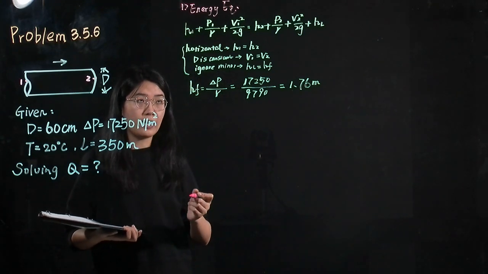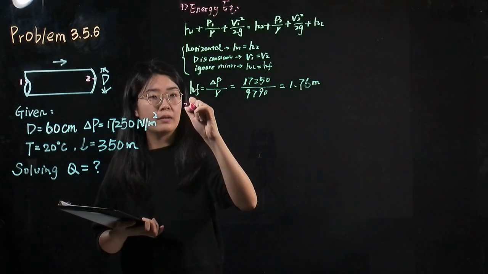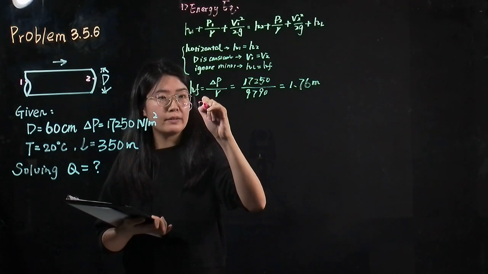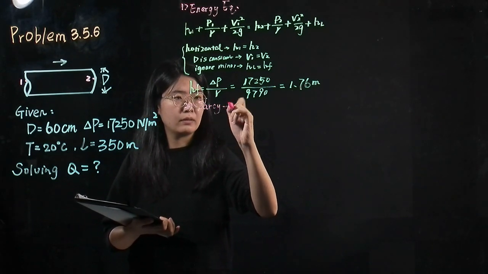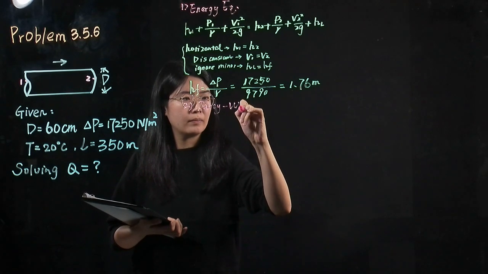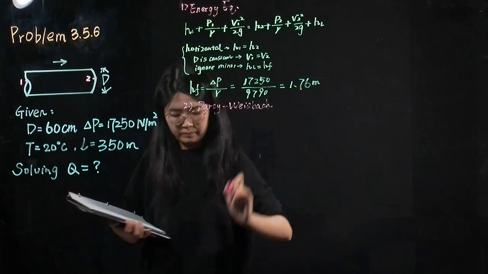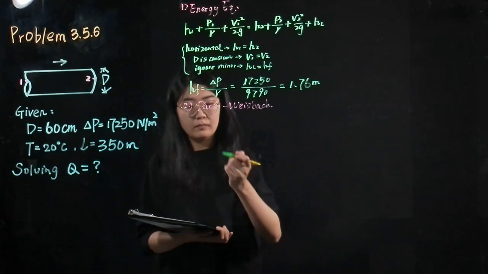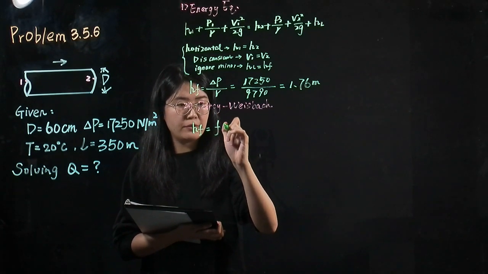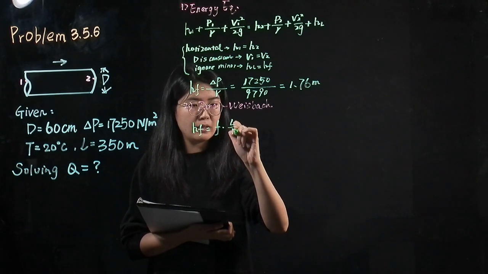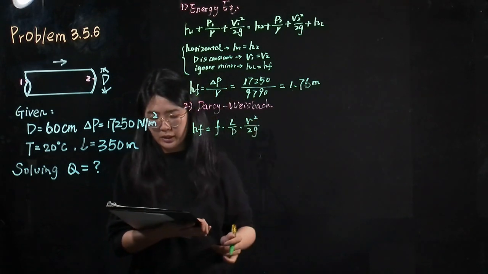The friction loss can also be represented by the Darcy-Weisbach equation. The friction head is equal to the friction factor times L over D times V squared over 2g.